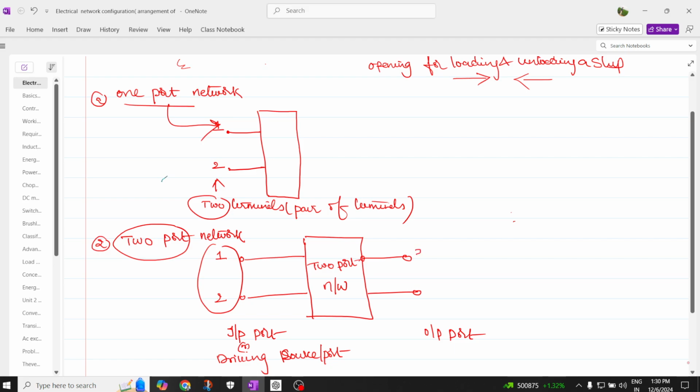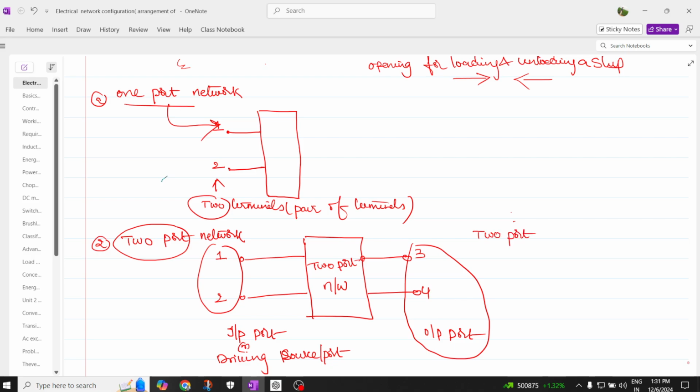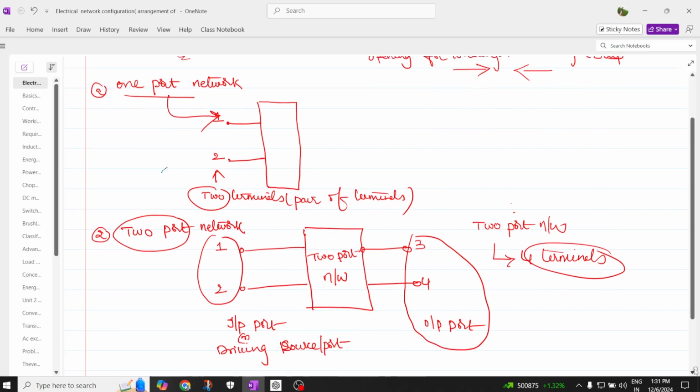Output port also has two terminals, labeled as 3 and 4. This is called output port. Therefore in a two port network, we have four terminals. This is the diagrammatical representation of a two port network.